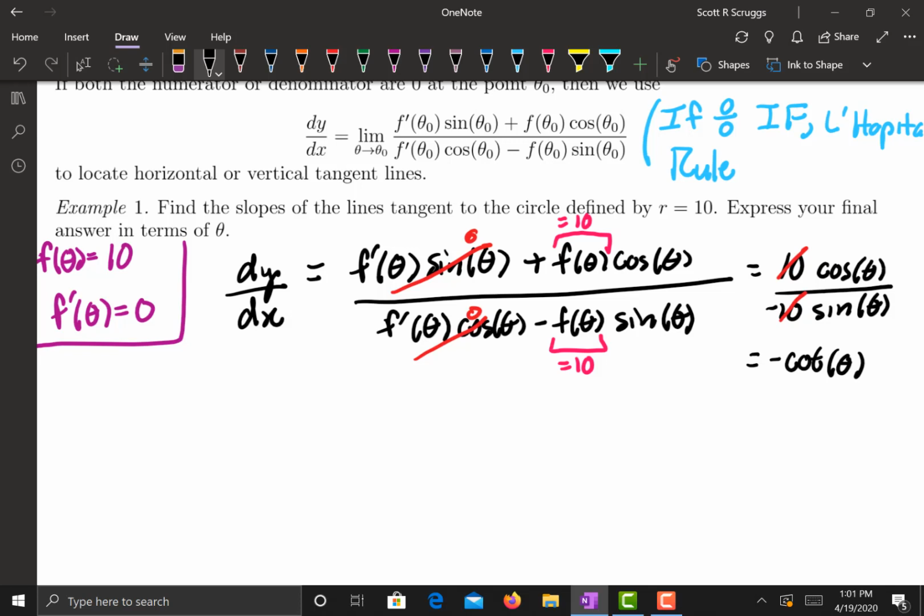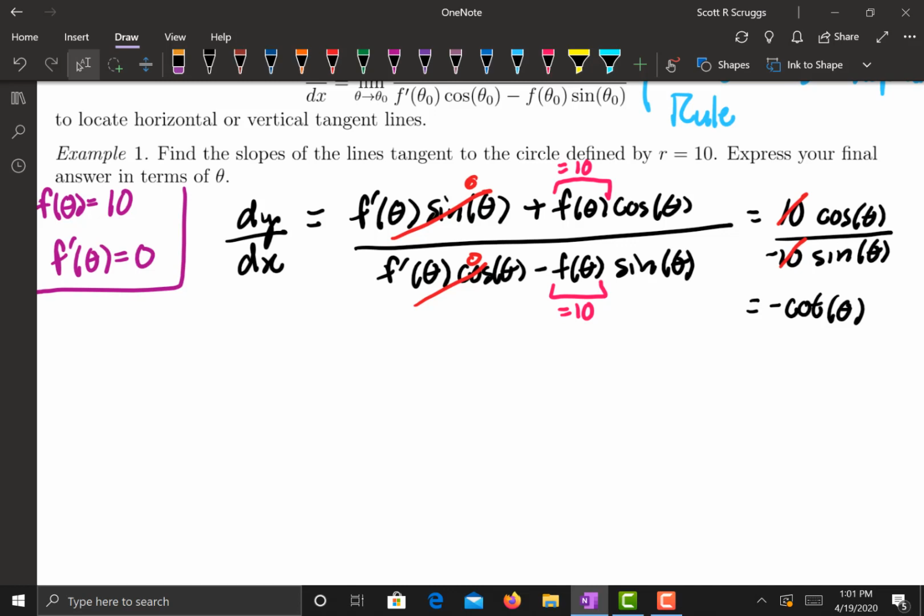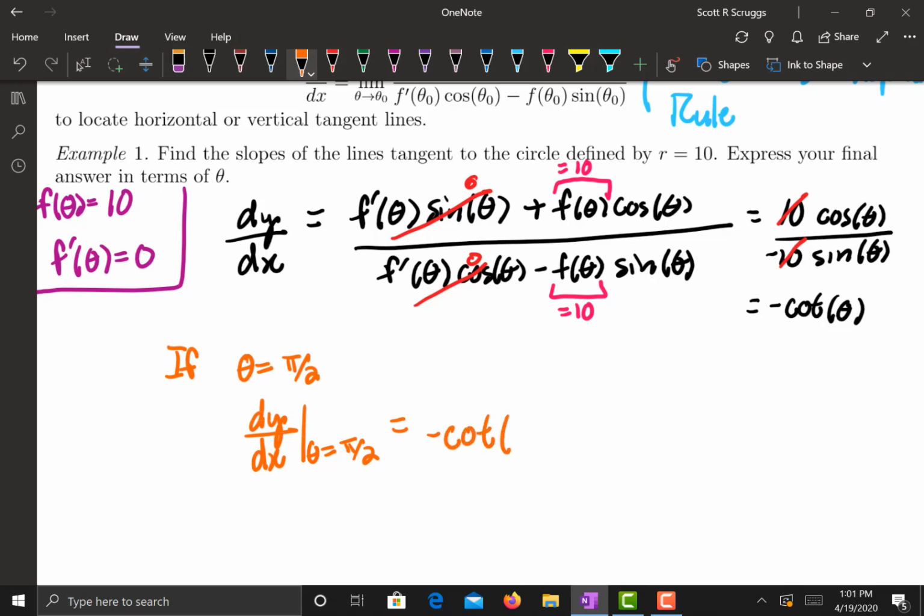Now if we're asked to find the slope of a tangent line, we can still do that. So let's say I want to find the slope of that tangent line when theta equals pi over 2. Well, in that case, what I would do is plug in pi over 2 into our derivative function and then evaluate.